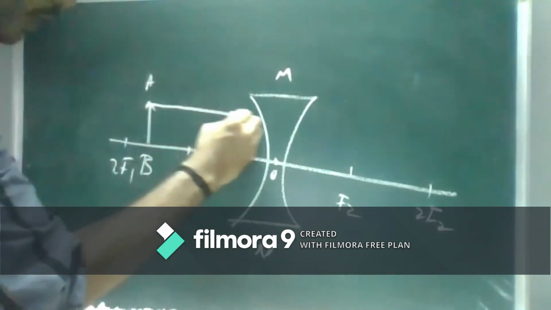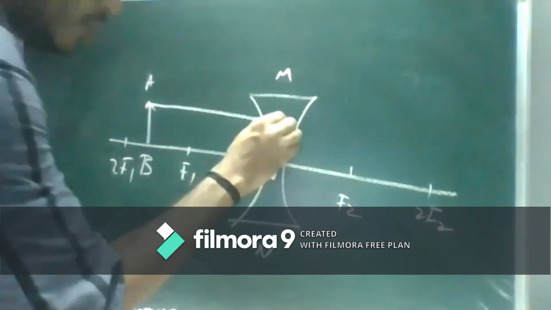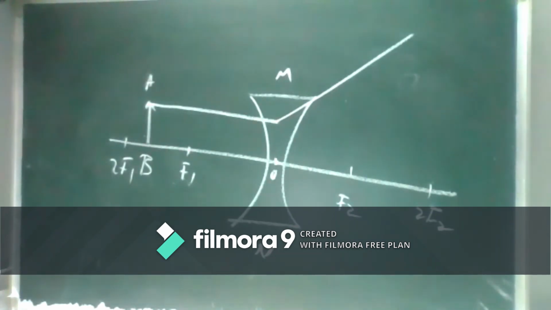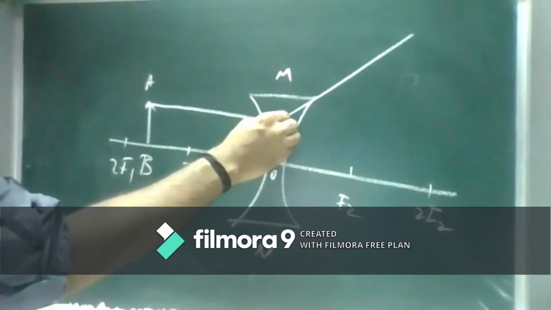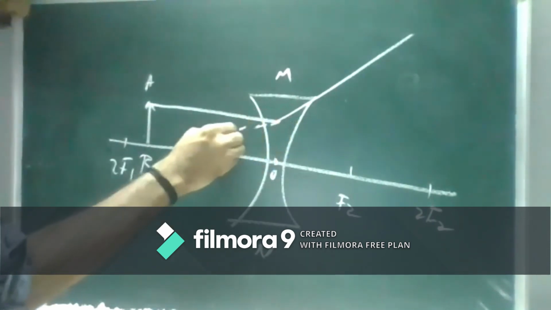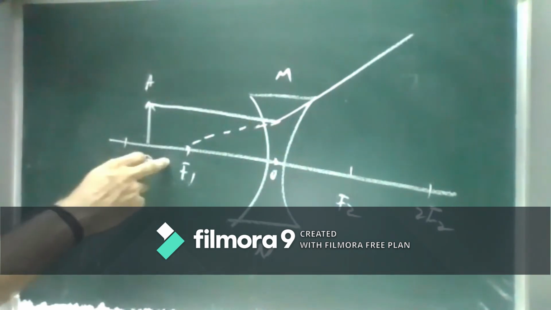Since it is parallel to the principal axis, it will bend and pass such that its extension meets at the focus. Using dotted lines, I mention that it meets at the focus F1.